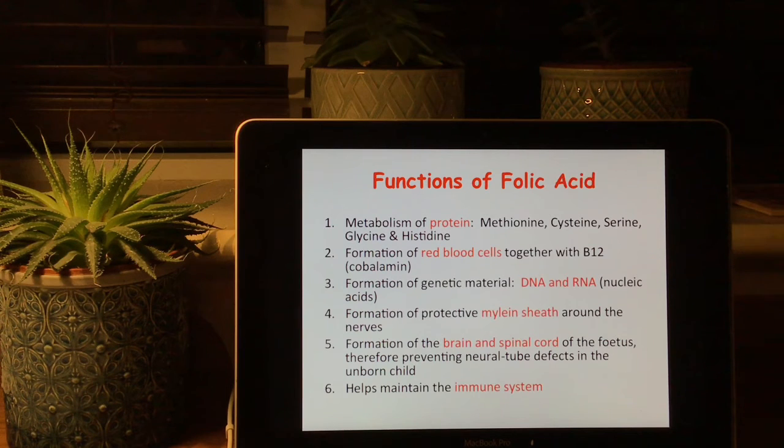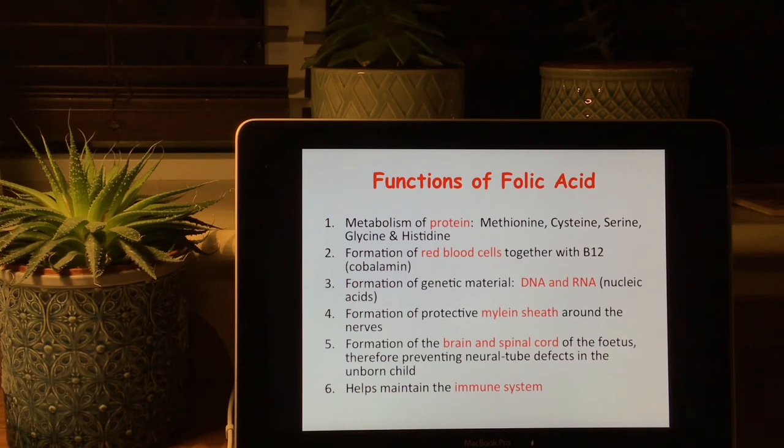So if there's not enough folic acid, there's not enough intrinsic factor, which is a type of glycoprotein secreted by the mucosa in the stomach. And this is important in the absorption of vitamin B12. So without enough B12 being absorbed, you're going to get a type of anemia called pernicious anemia, in which the red blood cells are too large and can't be used by the body.